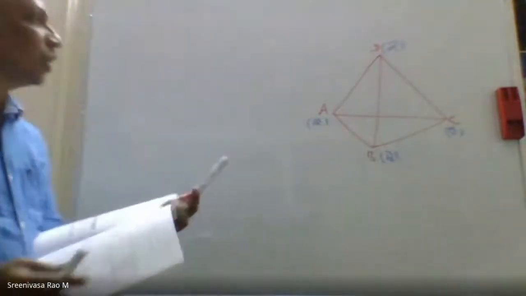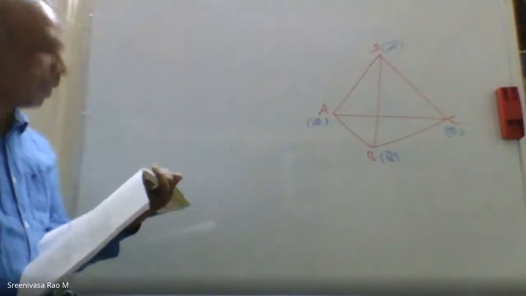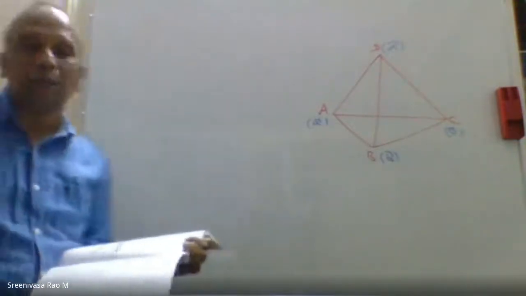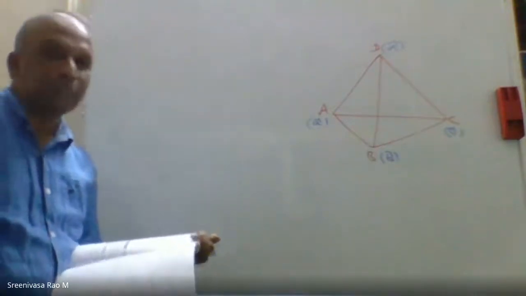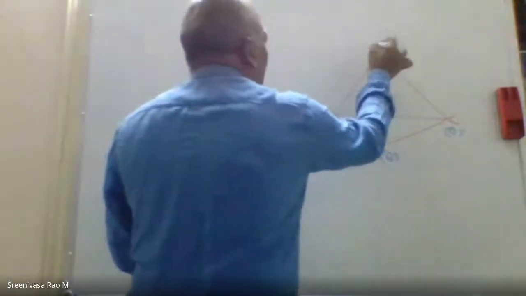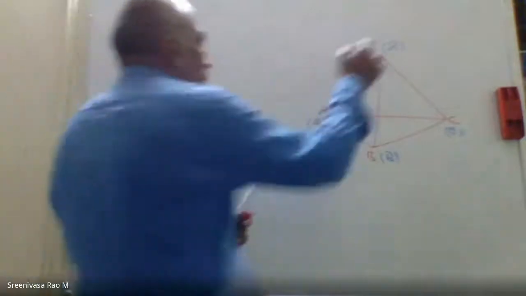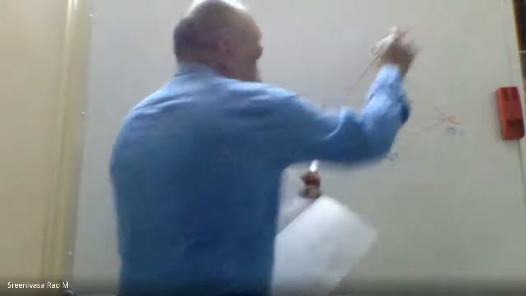So OABC is a regular tetrahedron. I have written like this: ABC is a regular tetrahedron. Suppose this is O, if I take OABC, I can take this as a regular tetrahedron.